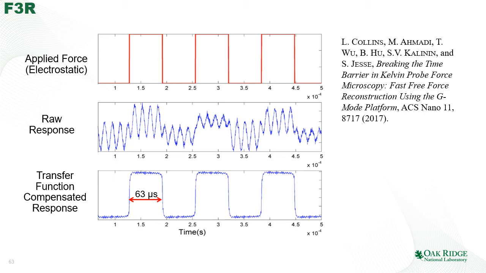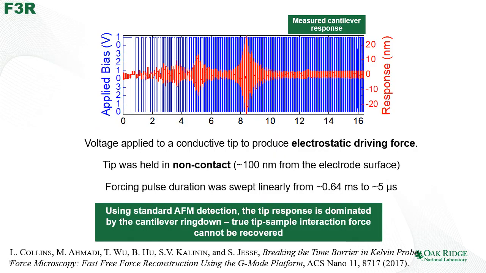So you can see that this was a perfect square wave, or at least we think it was a perfect square wave. And this is the response, which looks almost like a perfect square wave, and our time resolution is now about 60 microseconds. So we went from the millisecond regime to the mid-microsecond regime.